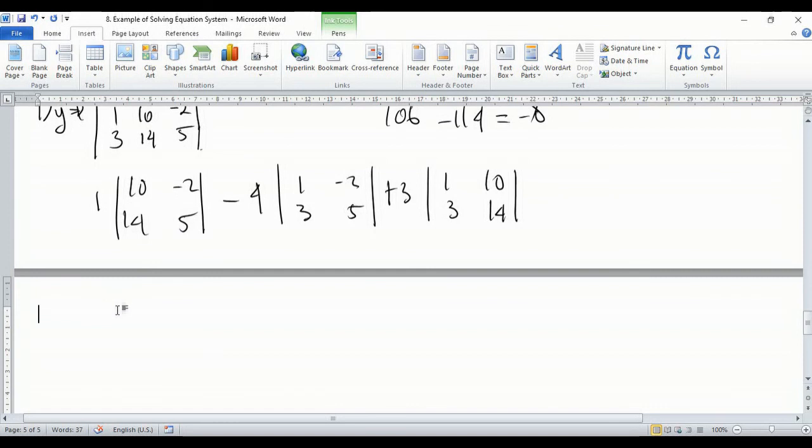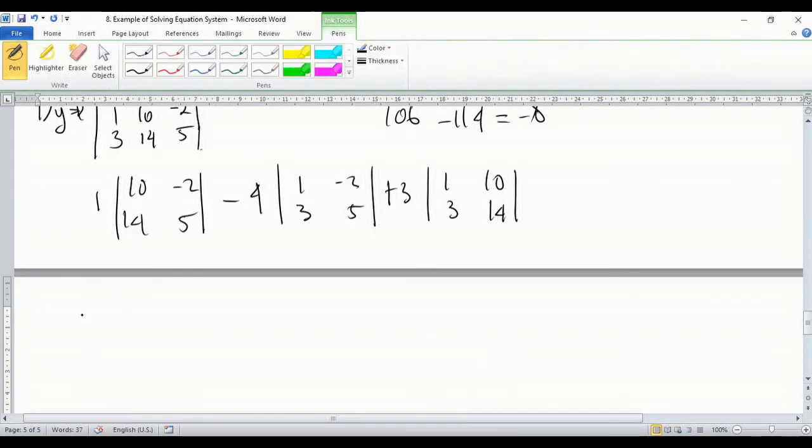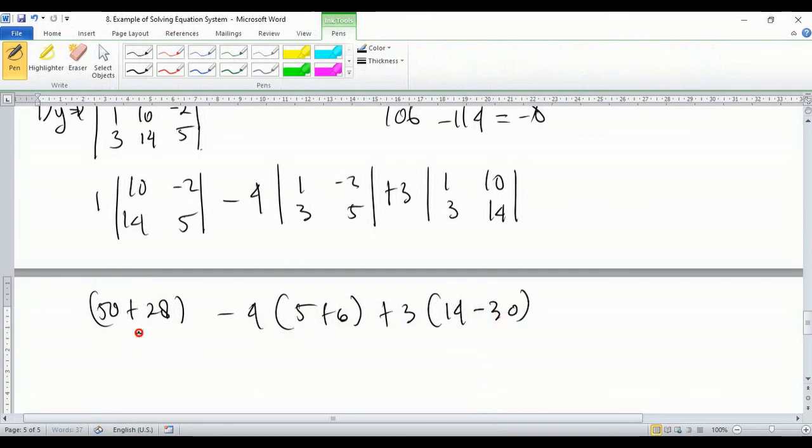The value for this one is 50 plus 20x minus 4 times 5 plus 6 plus 3 times 14 minus 30. So 70x minus 4 times 11 plus 3 minus 16. So 70x minus 44. Okay, this one is times minus 40x.